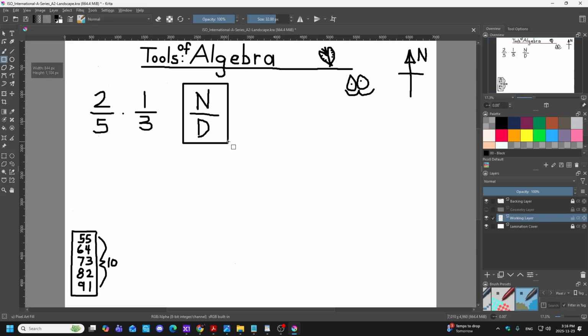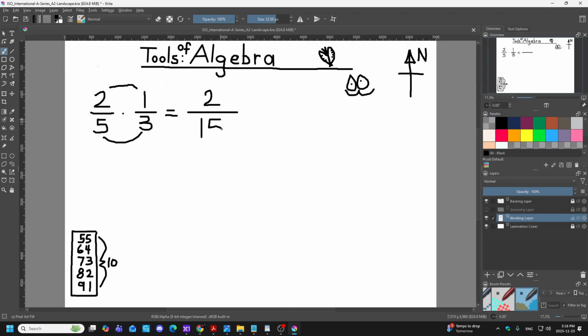How simple can that be? All right, let's do some work. We have 2 times 1, which is 2. We have 5 times 3, which is 15. And we're done.